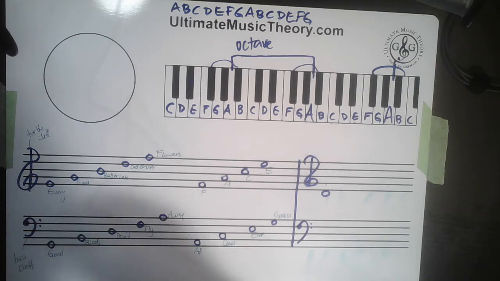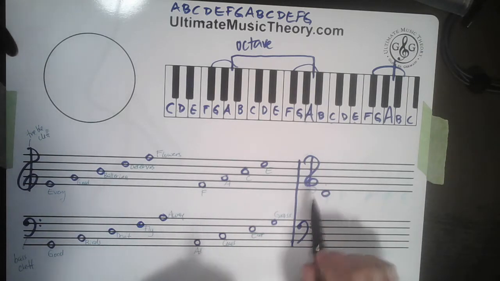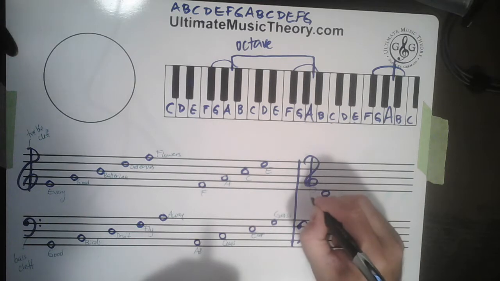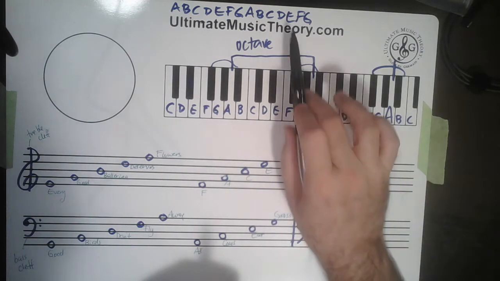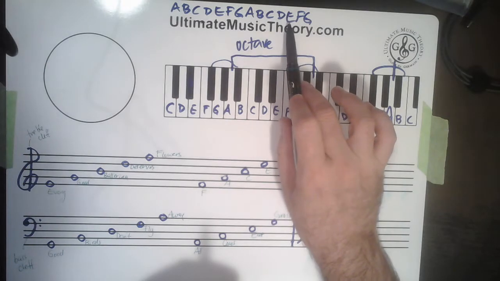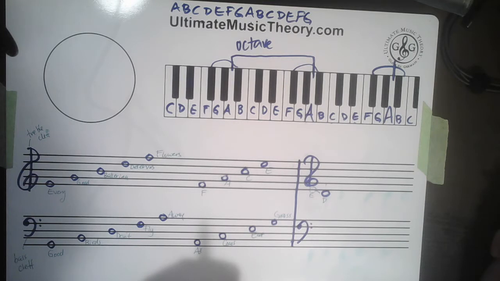So what we have to do is think, what is this note here? Well, this note here is E, and we are going down. What's one note down from E? E goes down to D. Okay? So we just went down a step.